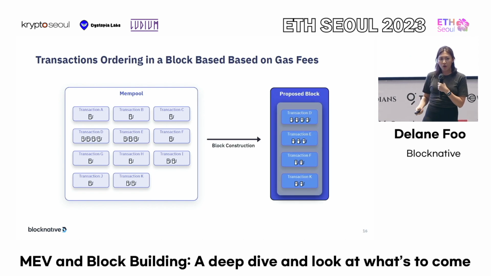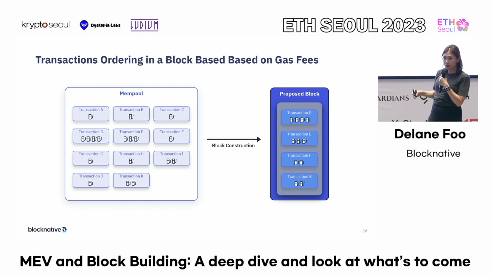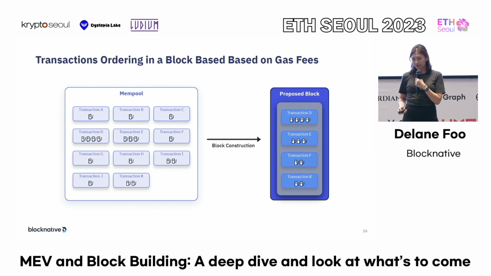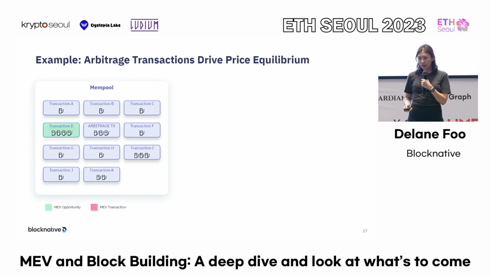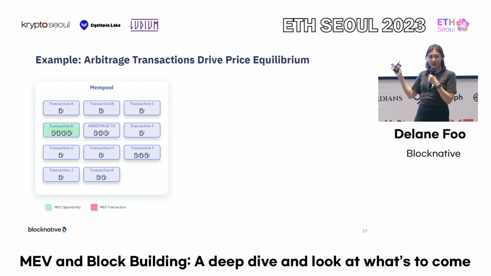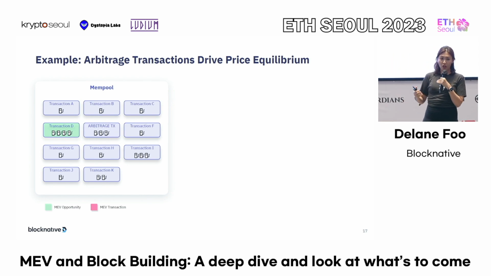In naive ordering of a block, these transactions are ordered from top to bottom based on the amount of gas fees that they have. And there's no MEV here yet, it's just naive ordering. This gets really interesting when you look at, let's say, an arbitrage example. If we look at transaction D over here, what it is doing in this situation is moving the price on an exchange.